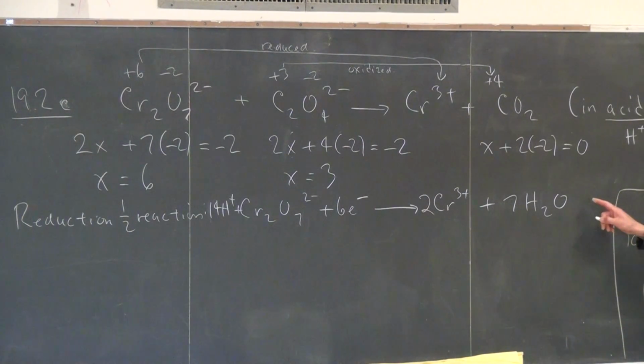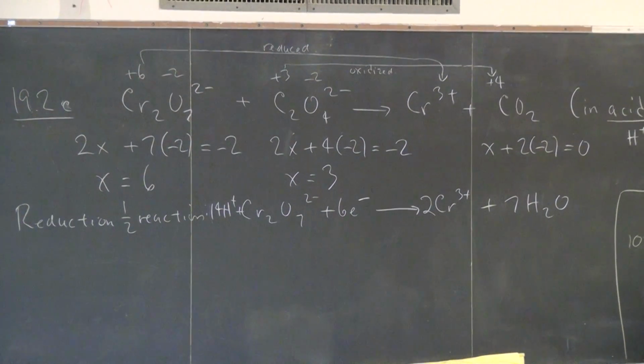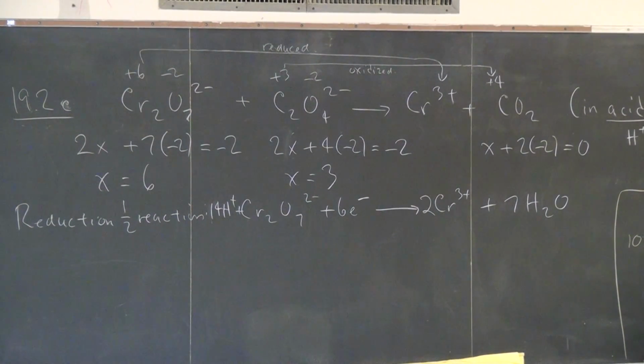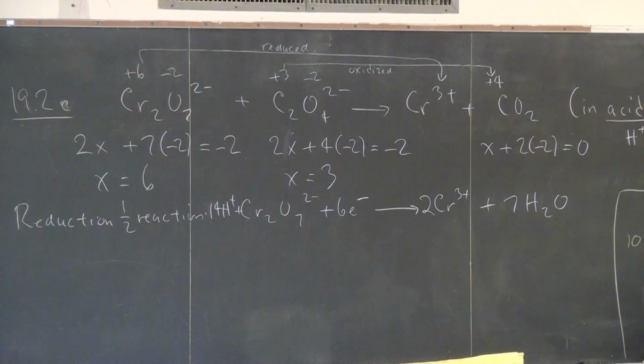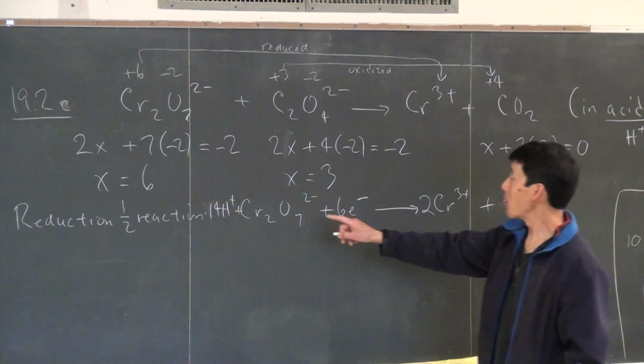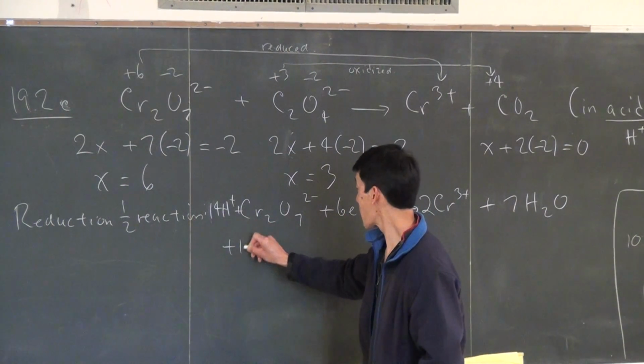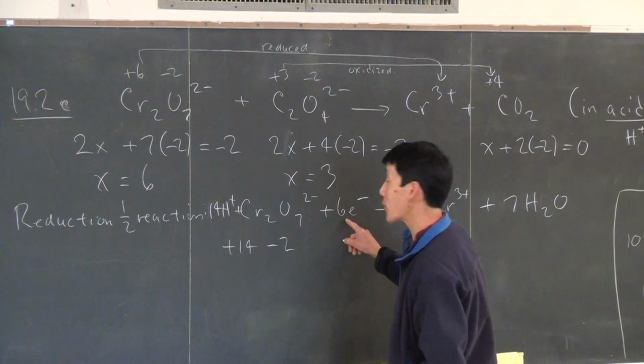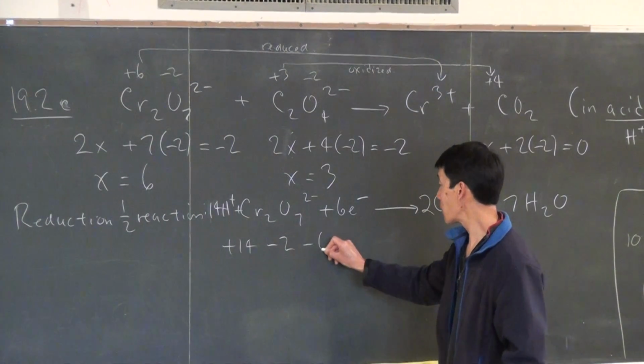So is the conservation of mass law obeyed in this half reaction? Yes, it is. Is the conservation of charge law obeyed in this half reaction? Let's see. We have +14, -2, and we have 6 electrons, so that's -6.